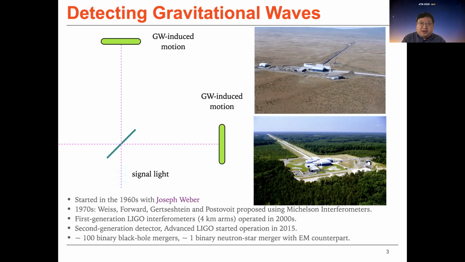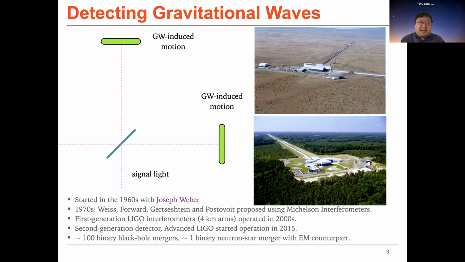In this picture, I'm showing the LIGO detectors, which are 4-kilometer interferometers that started operating 20 years ago in 2000. The first science run for the LIGO detectors was around 2003, when I was a graduate student, I think. But it was a second generation of detectors that actually made the first detection in 2015.